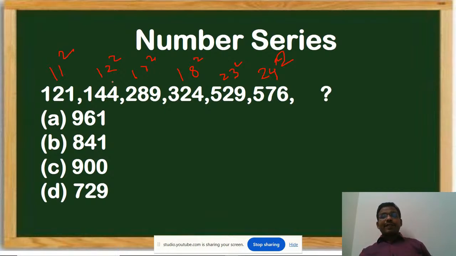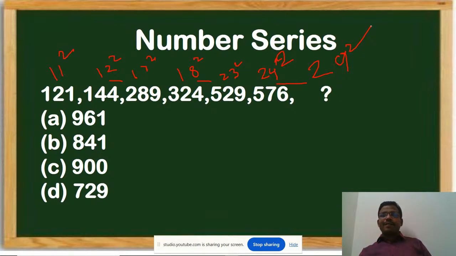So 12 to 17 means 5, 18 to 23 means again 5, 24 plus 5 means the answer should be 29 square. Sir, initially you said everyone should remember minimum 25 squares, but the answer should be 29 squares, sir.